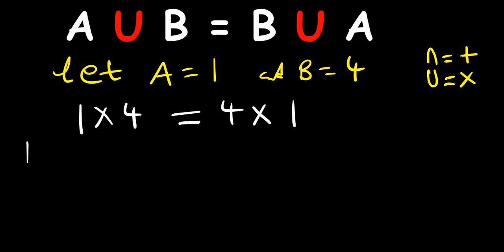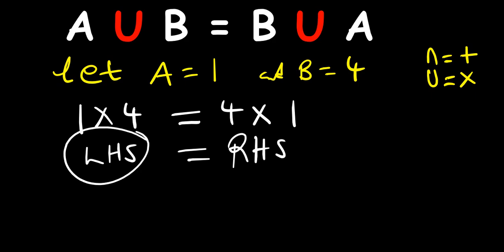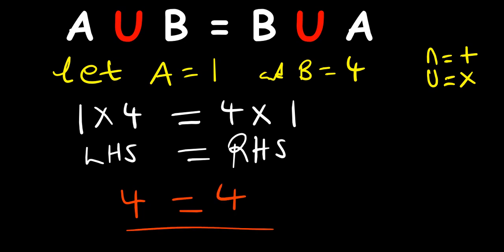Now let's solve the left hand side to see if it gives us the right hand side. If I multiply 1 and 4, I'm just going to get a 4. On the other side, if I multiply 4 and 1, I'll just get a 4. Now you're able to see that multiplication is working.